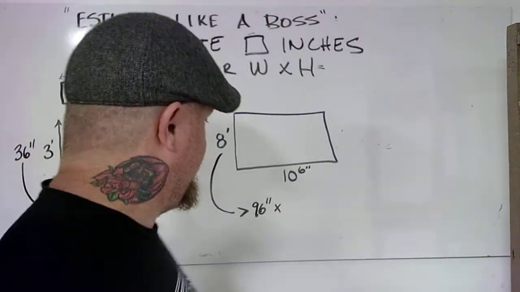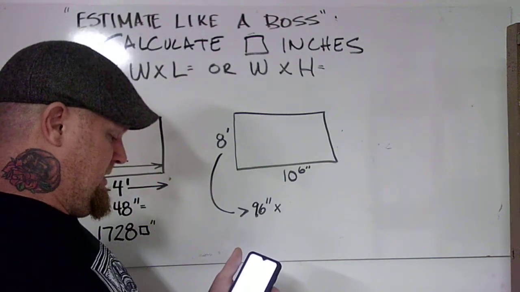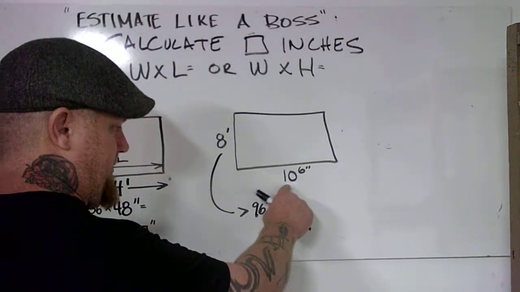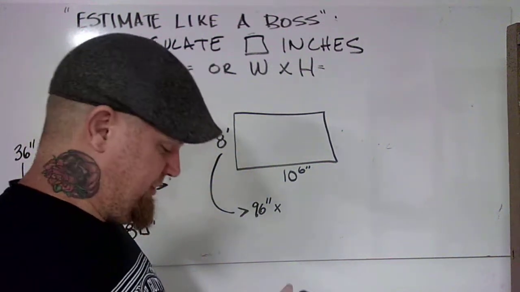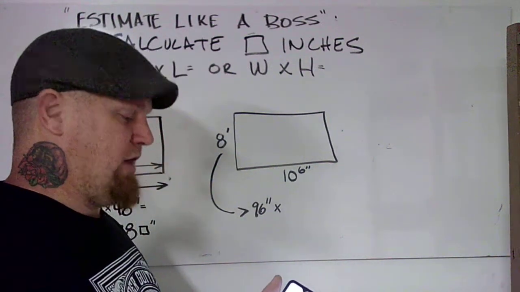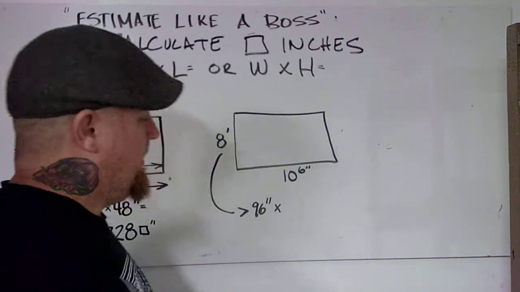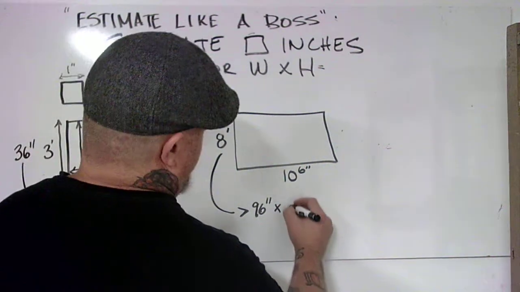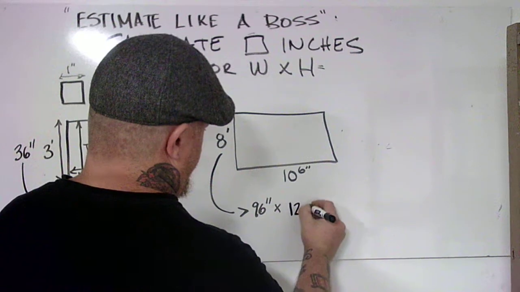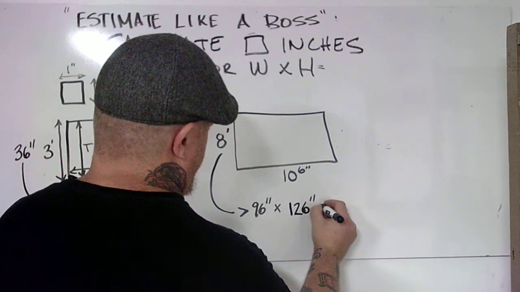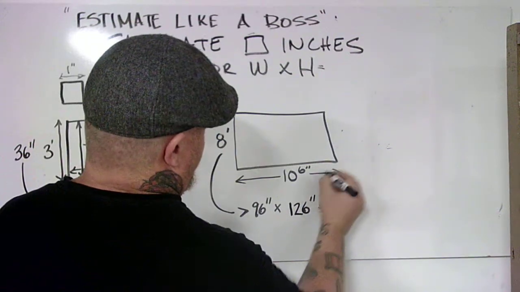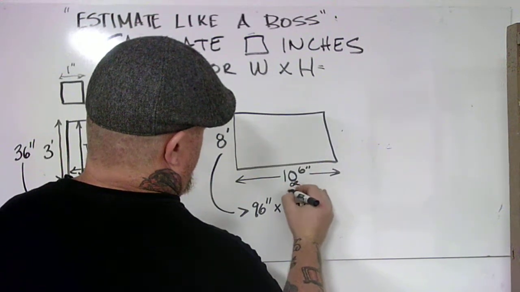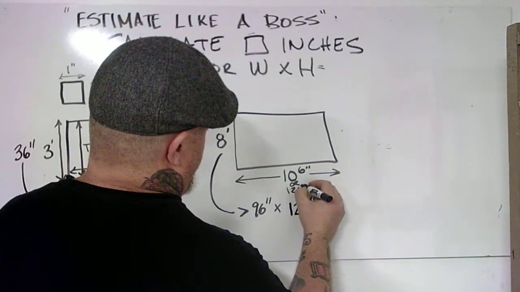We're going to take 10, the whole feet number, and multiply it by 12, because there's 12 inches in a foot, and that equals 120 inches. We're going to add our 6, so that equals 126 inches. So this is 10 foot 6, or 126 inches.